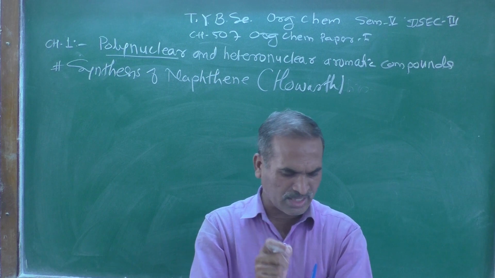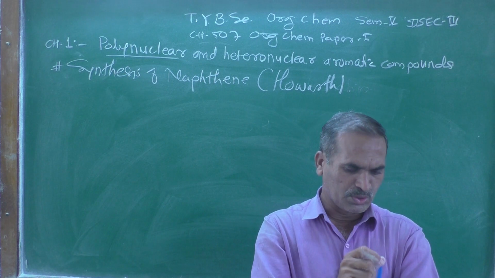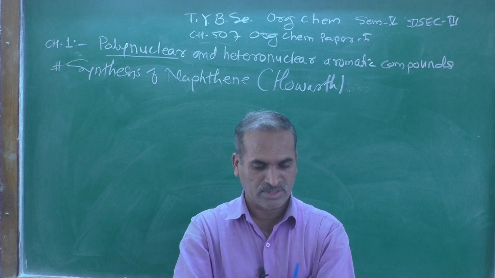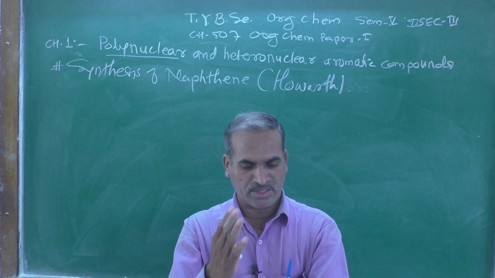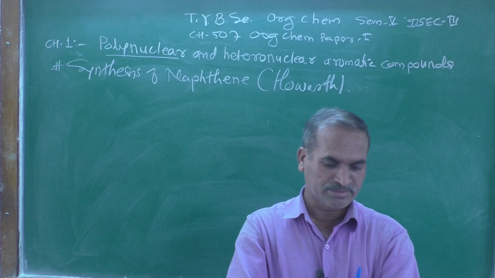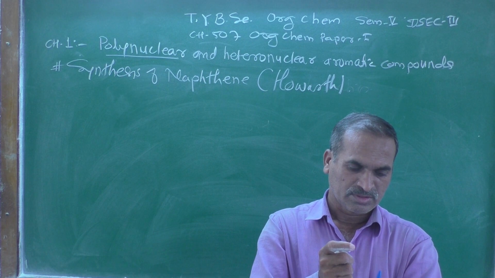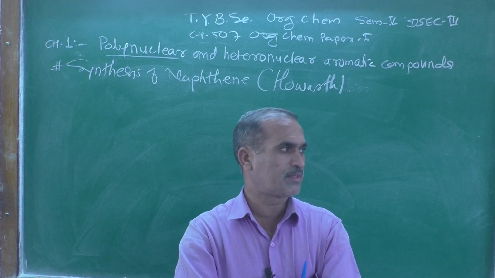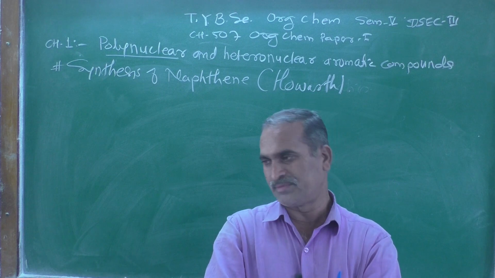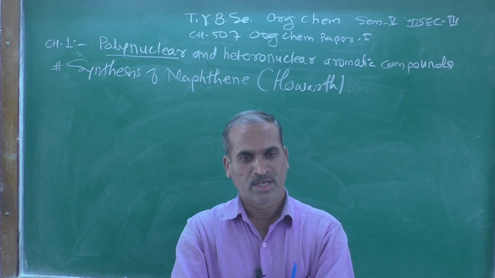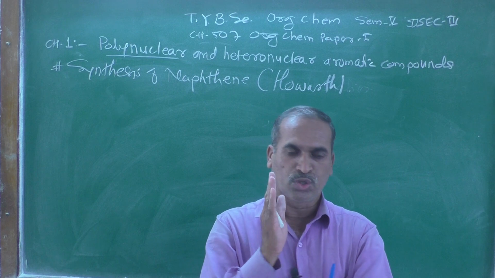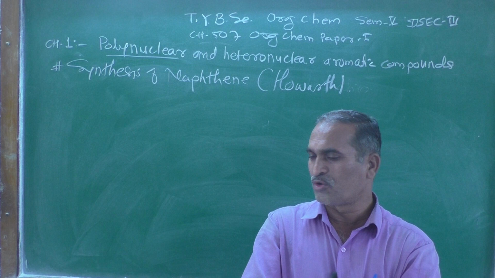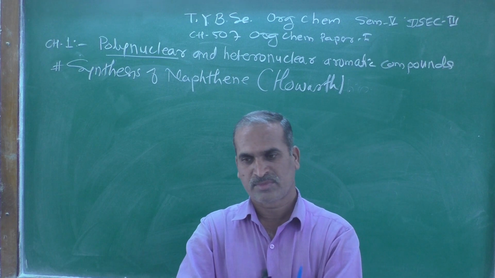A Lewis acid catalyst is used, and a Friedel-Crafts acylation reaction takes place. After getting that reaction intermediate, it is further treated with Clemmensen reduction, and as we know, Clemmensen reduction is known for the conversion of a carbonyl group into a hydrocarbon.